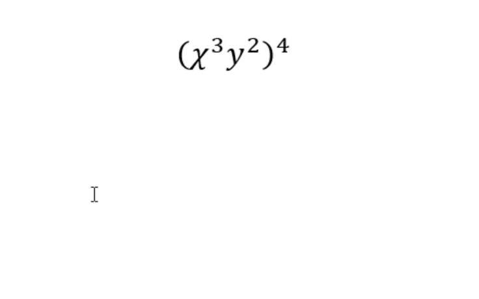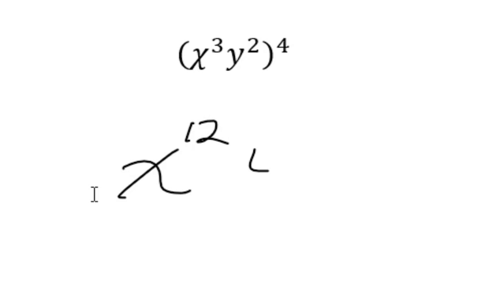Everybody gets a 4. So what that looks like, if you remember, we're going to multiply the exponent inside times the exponent outside. Because x to the power of 3 just means I have 3 x's multiplying each other, and y, I have 2 of them multiplying each other. So basically, 3 times 4 is going to be 12. So I have x to the power of 12.